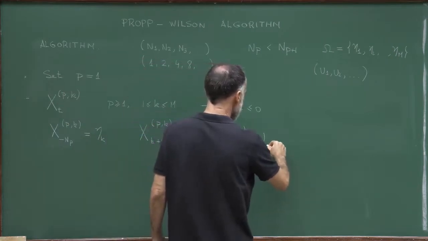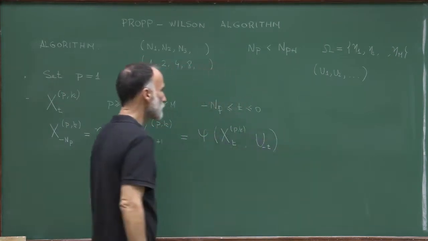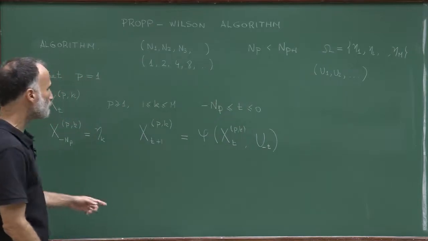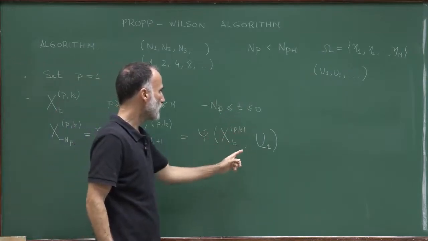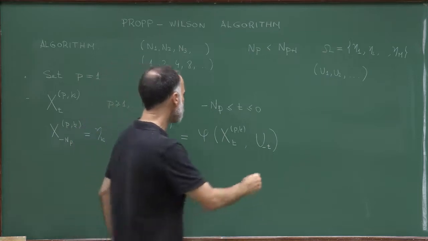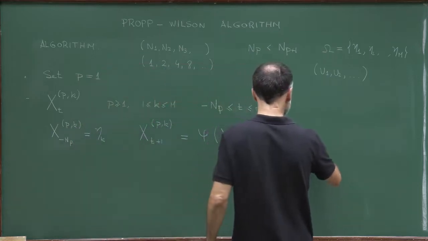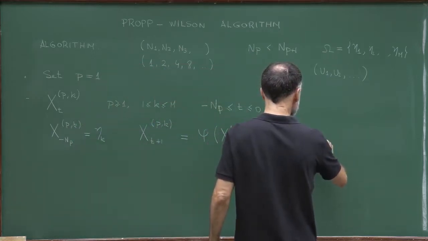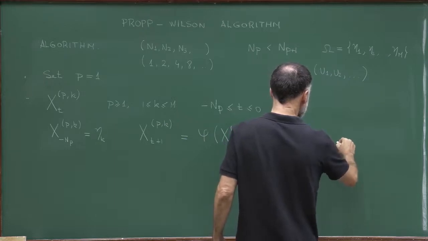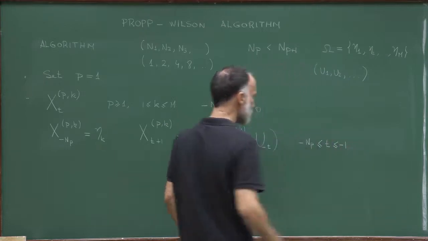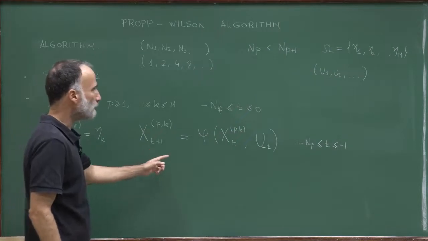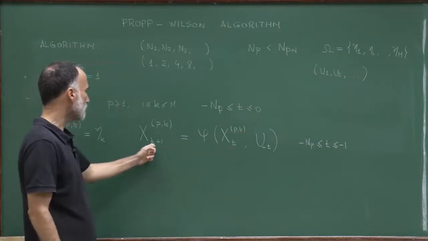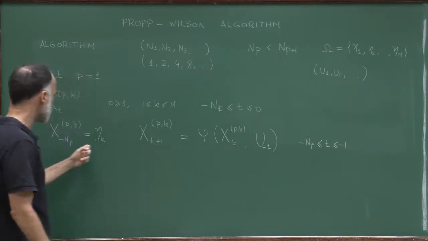So t runs from minus n_p, less or equal than t, less or equal than minus 1.